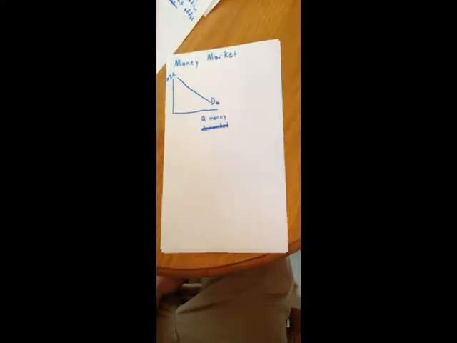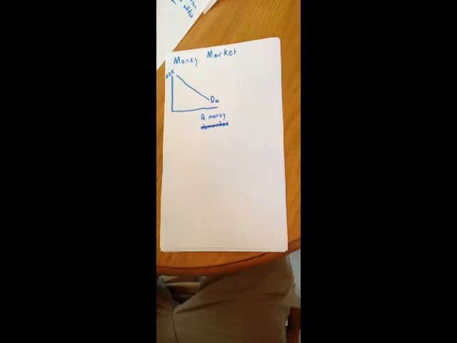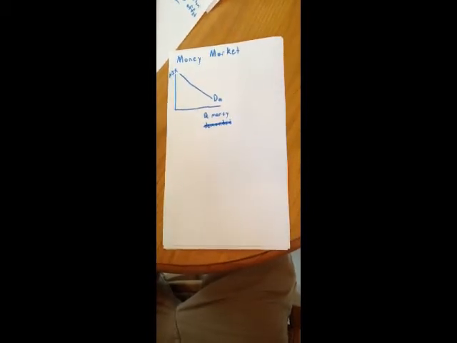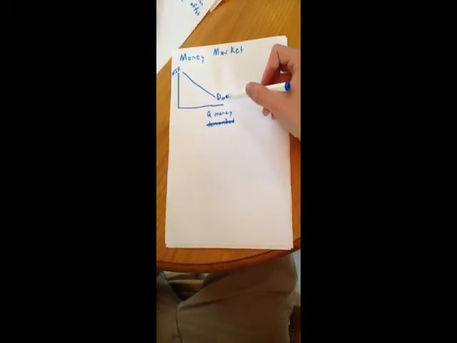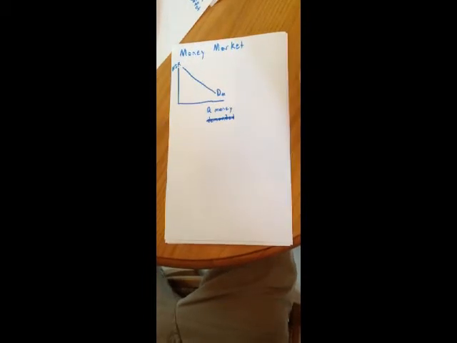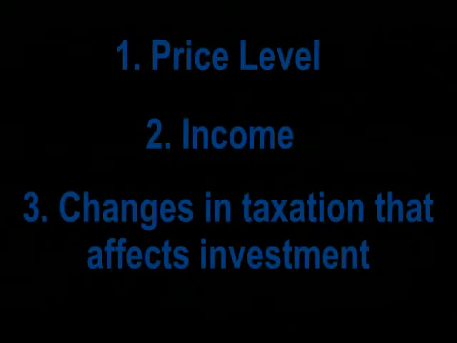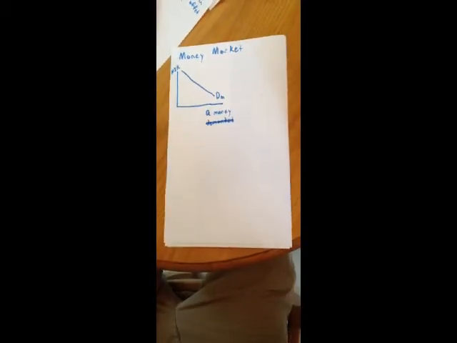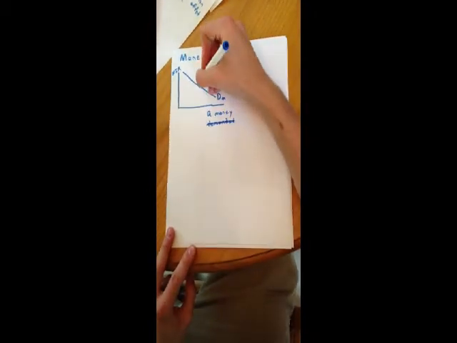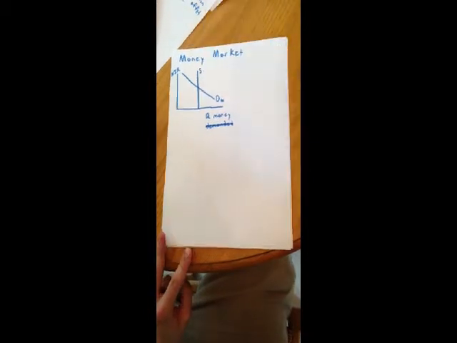The money market. This graph is based on the nominal interest rate and the quantity of money. The demand line here is individuals' demand for liquid assets, and the things that affect that are price level, income, and changes in taxation that affect investment. And the supply line is straight up and down because it's a constant value set by the Federal Reserve.